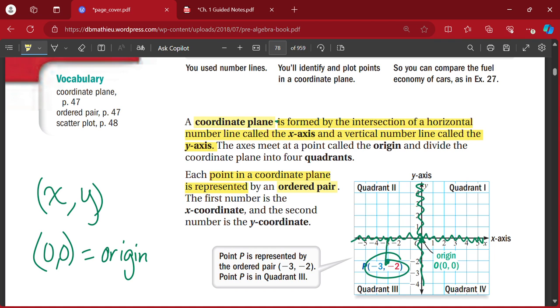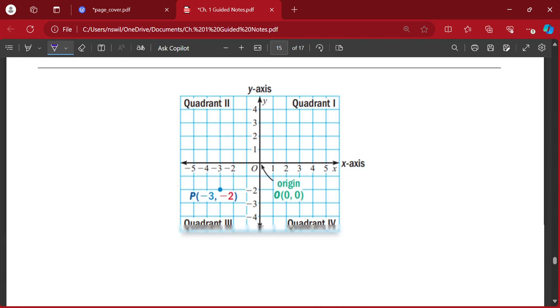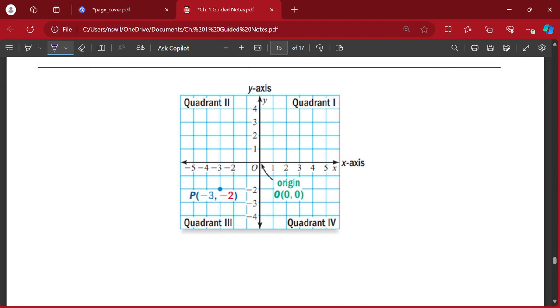So go ahead and pause the video, write in those definitions.